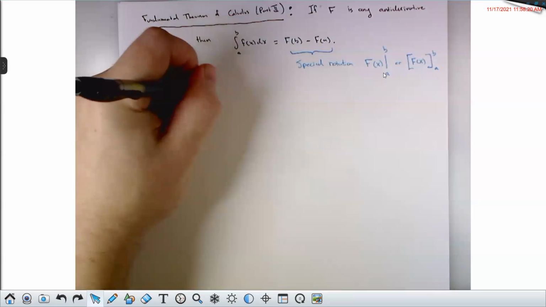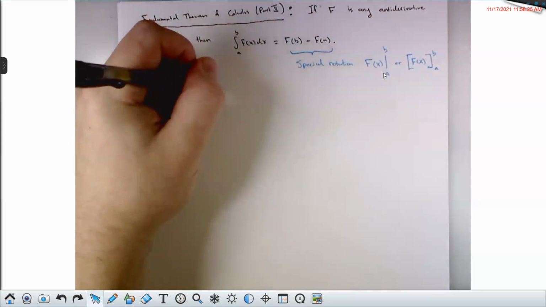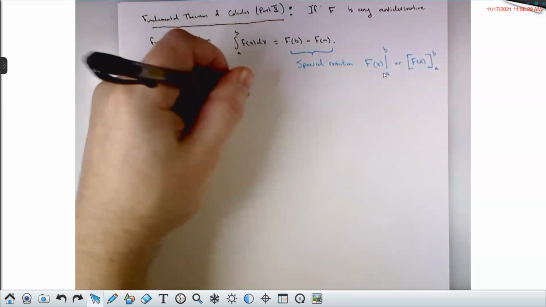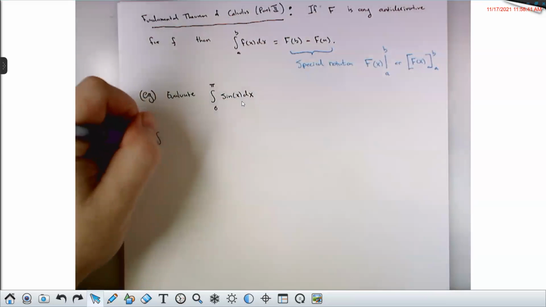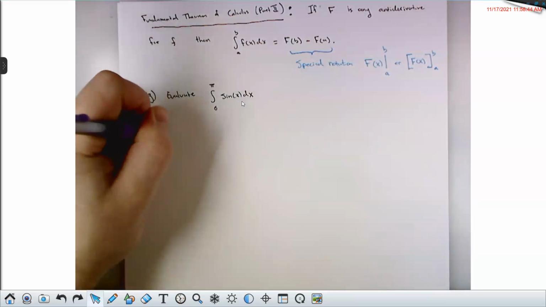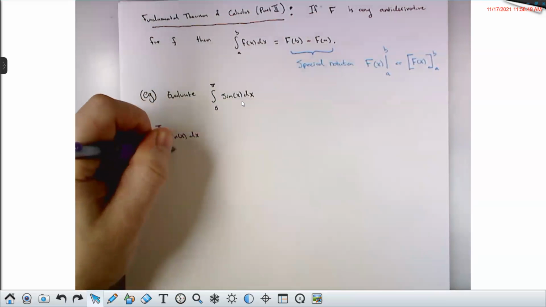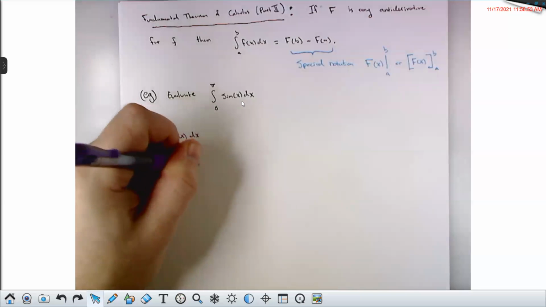If I want to evaluate the integral from 0 to pi of sine x dx, I can do that by finding an antiderivative for sine. My little f here is sine x.